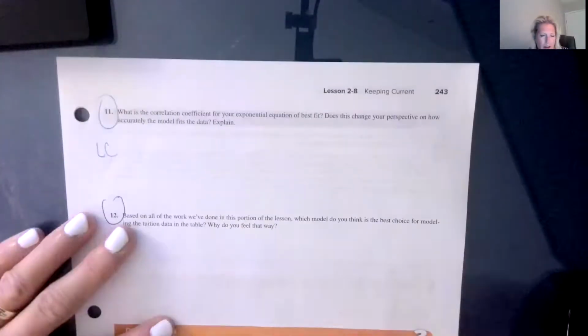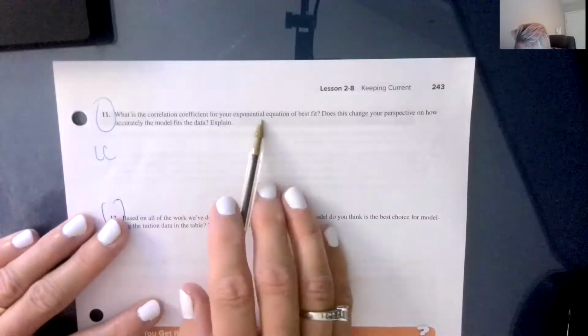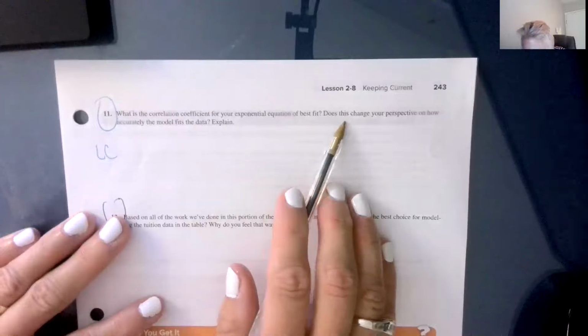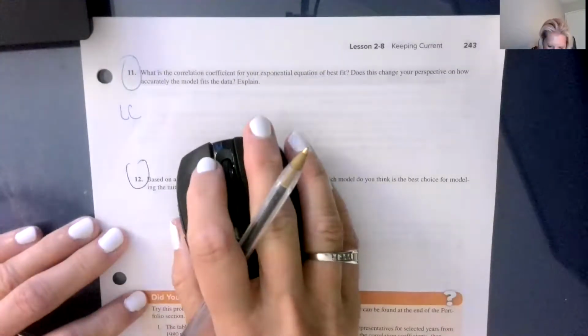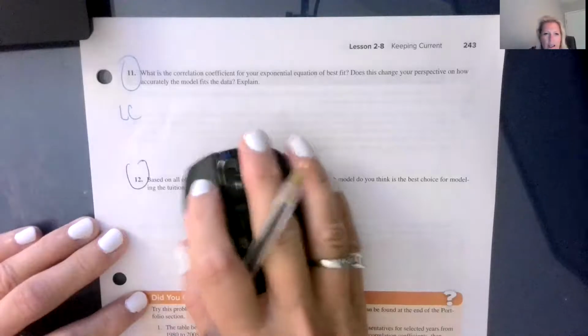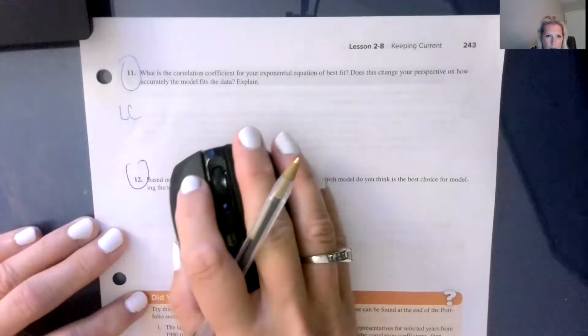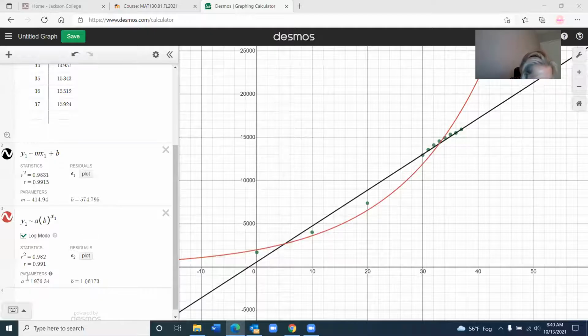Okay, number 11 is our lesson check. It says, what is the correlation coefficient for your exponential equation of best fit? Does this change your perspective on how accurately the model fits? Explain. And our exponential, I'm just going to go back so we can look at that, is 0.991.